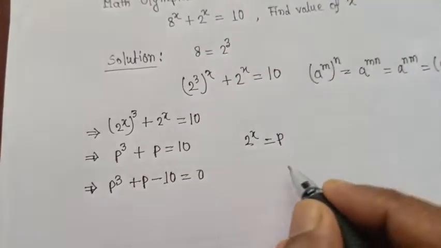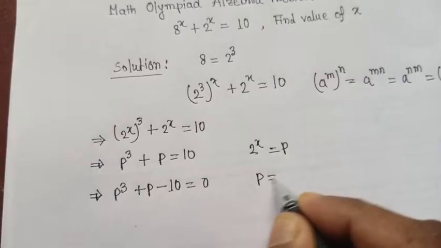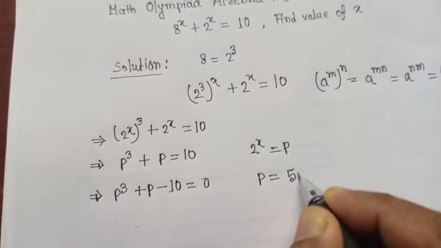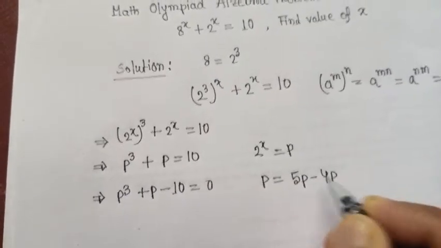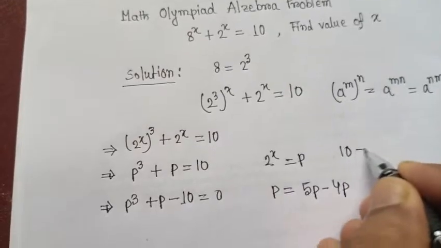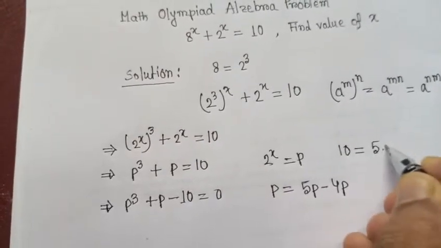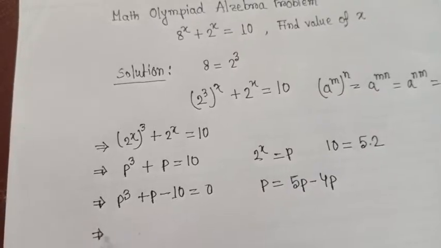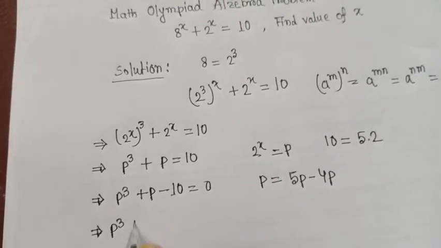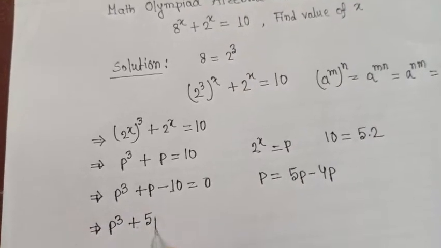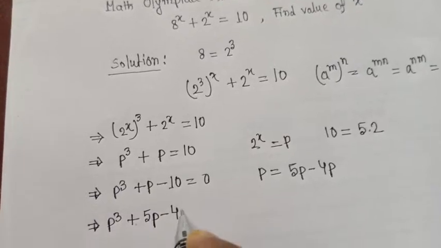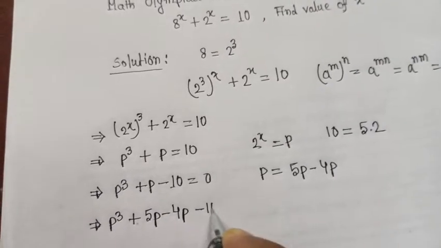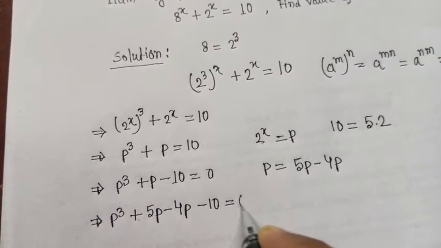Now we can express that p equals 5p minus 4p. If we split that 10, that is 5 into 2. So we can write here p to the power cube plus 5p minus 4p minus 10 equals 0.